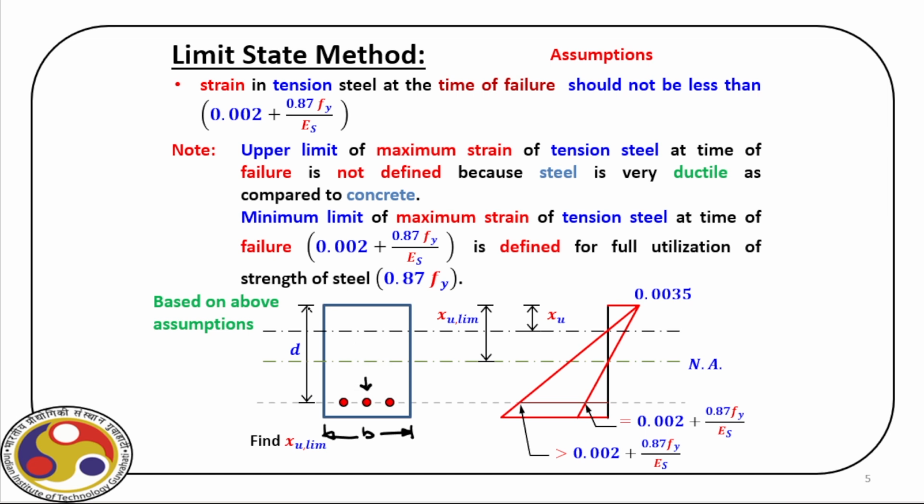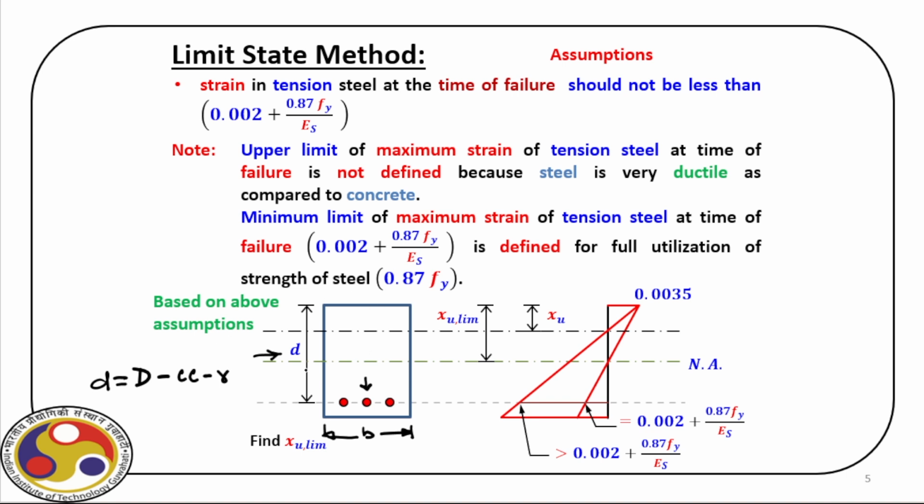And then the distance from the top fiber, which is under maximum compression, to the center line of this reinforcement is the effective depth, that is shown by small d. It is not the total depth. Total depth is capital D, then minus clear cover, minus radius of the rebars, and that is your effective depth.